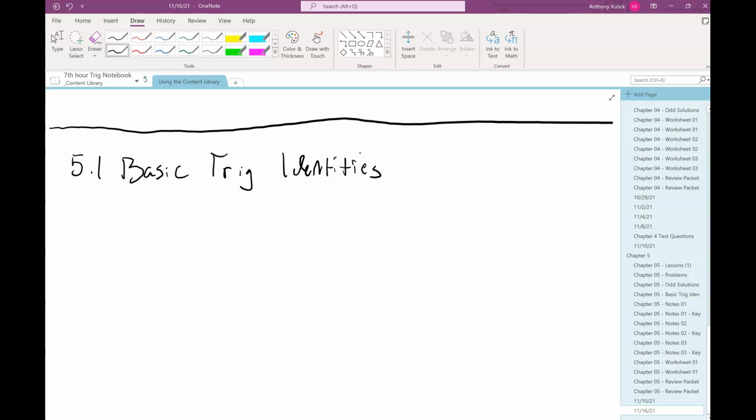So like, I don't know, something silly like 2x plus 6 equals 2 times x plus 3 could count as an identity since that's something that's always true. It's kind of a silly thing to call an identity.